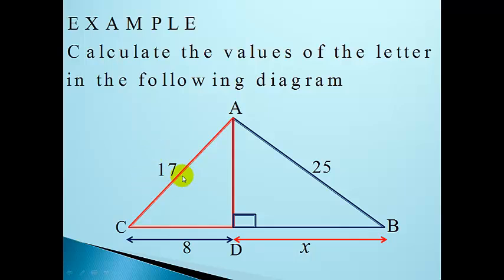And so the square of the longest side is equal to the squares of the other two sides. Now, we can use triangle ADC to calculate the length AD. Then after getting our length AD, we combine the answer with the 25 given in order to calculate for our x. Now let's look at how best we can solve this problem.